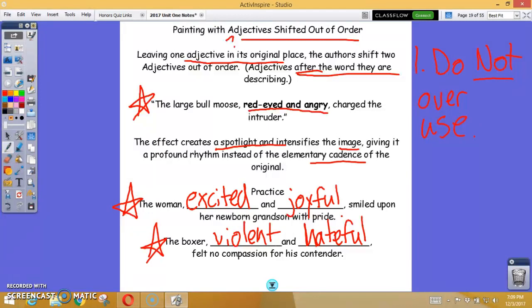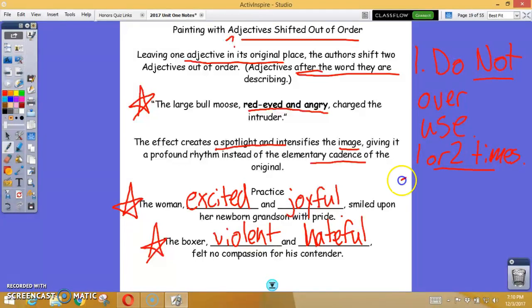This is not something that you're going to want to use in every paragraph of your paper. It's not something you're going to want to use repeatedly. This is something that you might use one or two times for a paper of this length. That's the first thing. So do not overuse this.